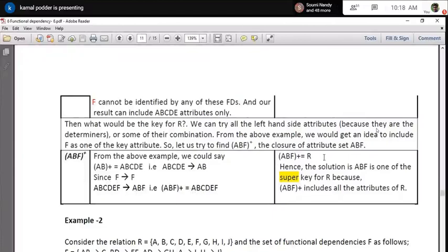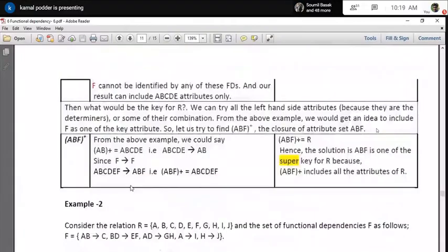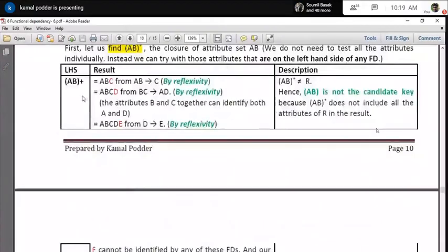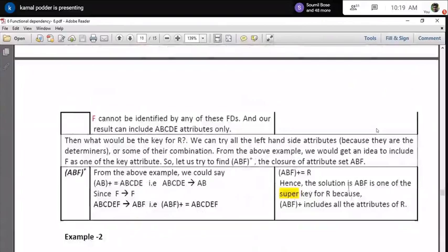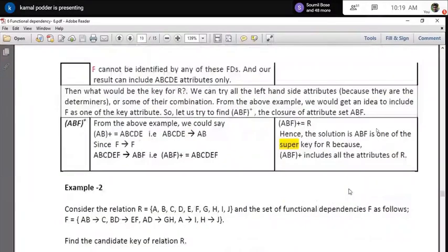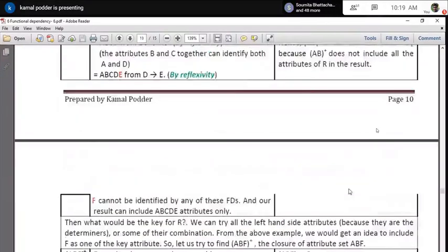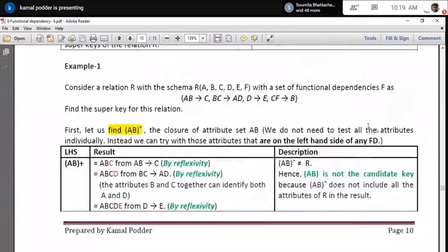That means ABF plus is the relation, it is representing the relation. So we can say that in this case AB is not the super key, but ABF is the super key. Understand?